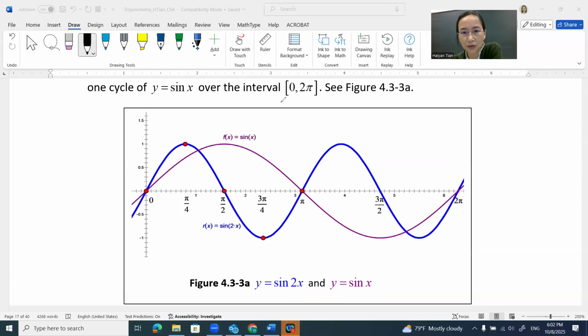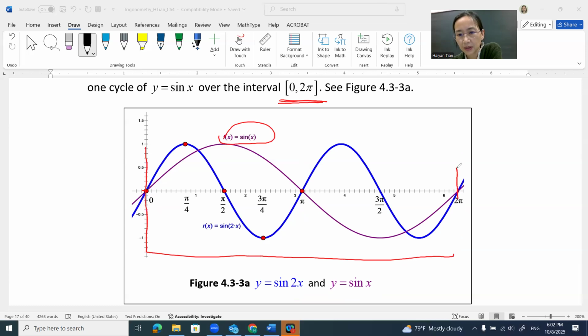You see from 0 to 2 pi, we see only one period of the basic function. However, we can see two periods of this function, y equals sine 2x.